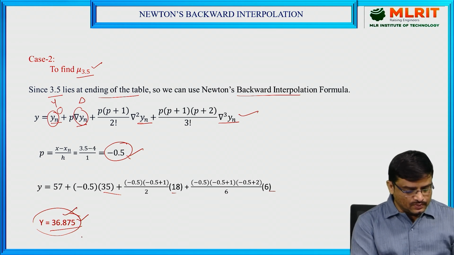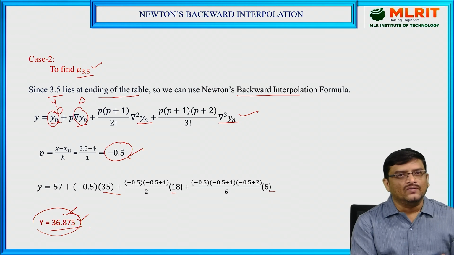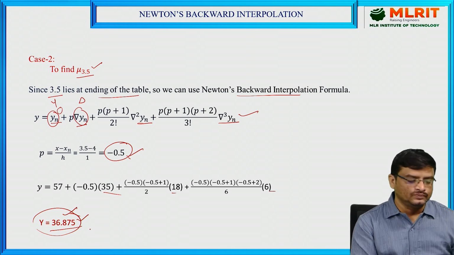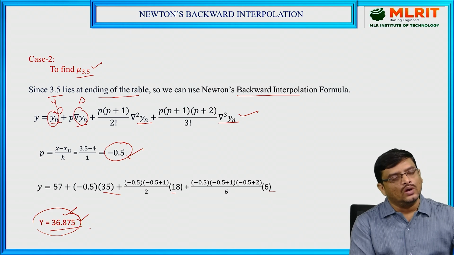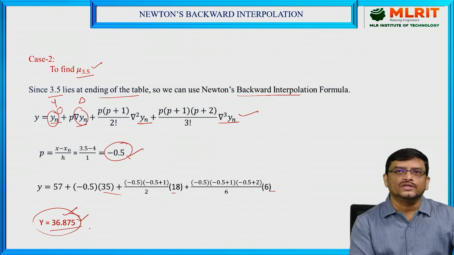We have to check the y values when x is equal to 3 and when x is equal to 4. This value must lie between these two y values. So this is one example of how we can use a single difference table for both Newton's forward and Newton's backward interpolation.